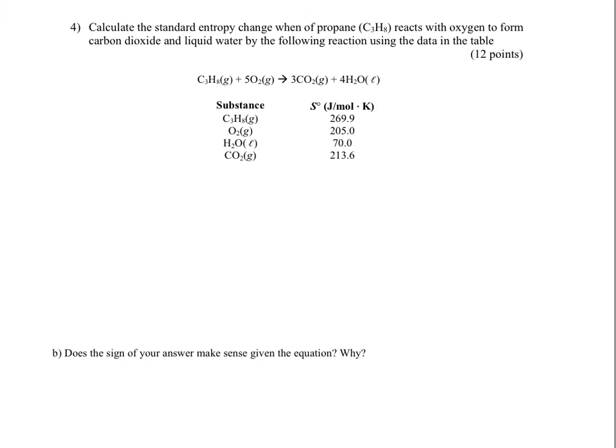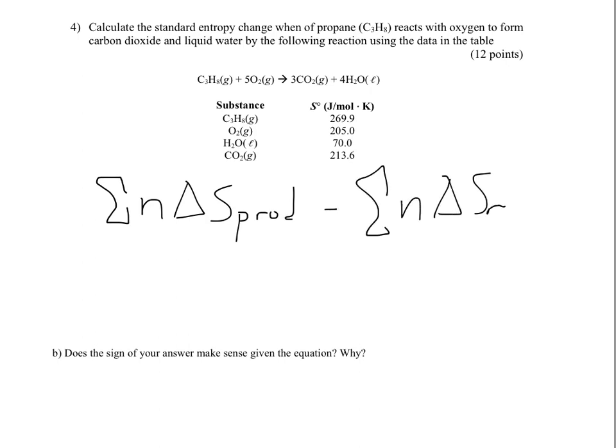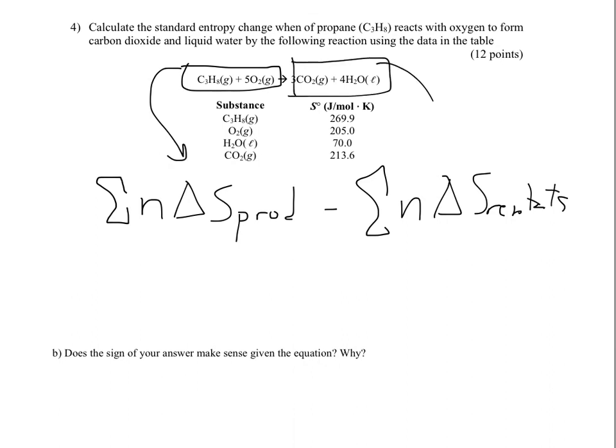For this last problem, calculate the standard entropy change. And so in this problem, it was a matter of doing the number of moles times the delta S of the products minus the moles of the delta S of the reactants. Many, many of you chose those to be products and those to be reactants.